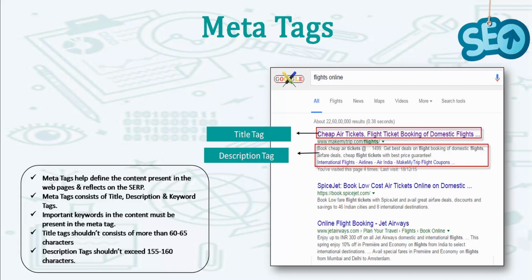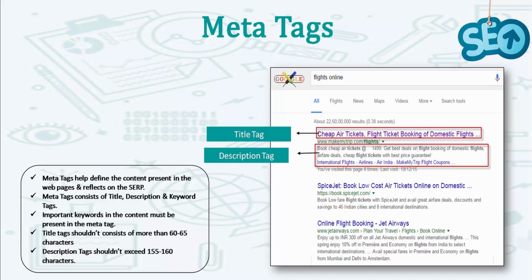The keyword tag does not appear in Google search results. In the keyword tag, all important keywords are to be implemented the same way you have done it for your title tag. Keyword tag does not have any particular limit since it does not appear in Google search results. But you must also ensure that it does not exceed more than 100 or 150 characters.